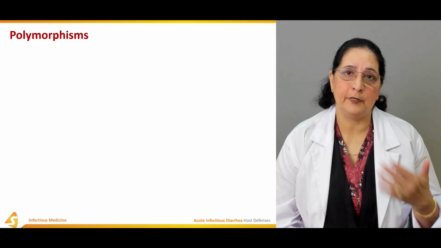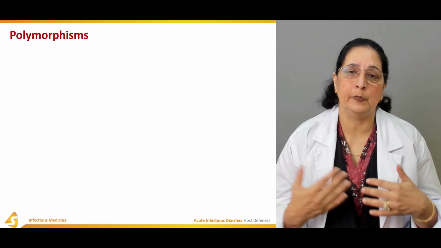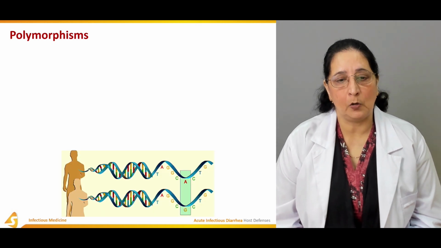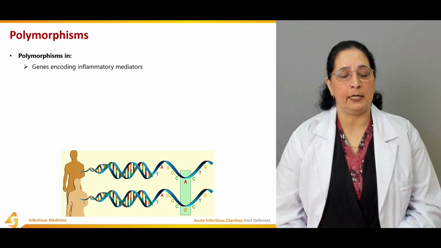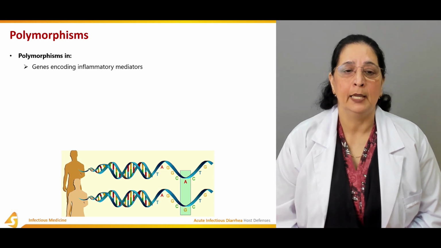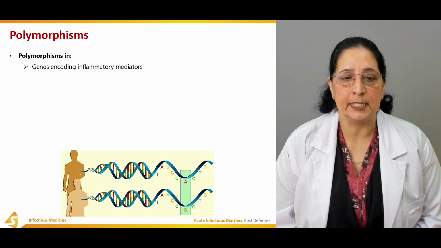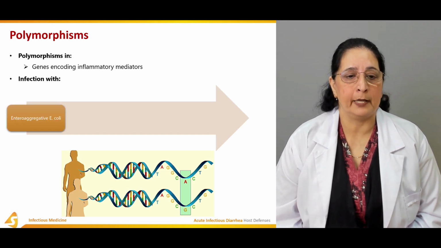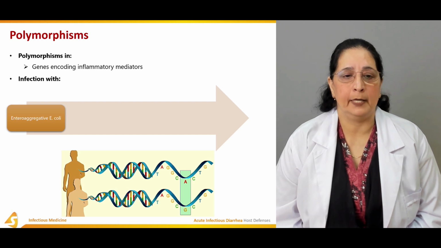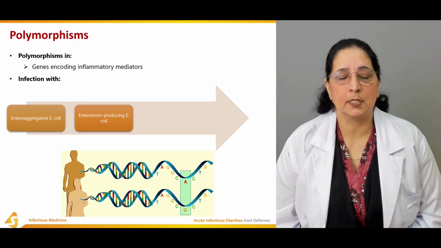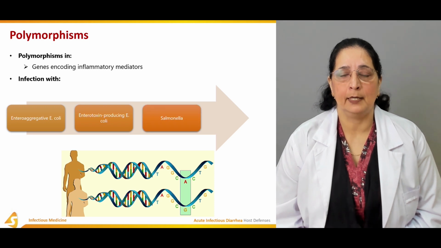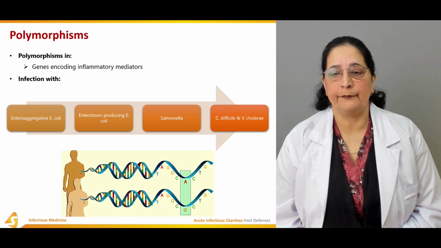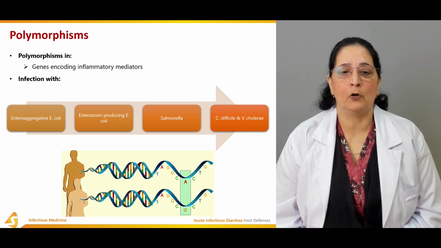Polymorphism, poly meaning multiple, so different changes that can be associated: polymorphisms in genes encoding inflammatory mediators are associated with infection with enteroaggregative E. coli, enterotoxin-producing E. coli, Salmonella, Clostridium difficile, and Vibrio cholerae.